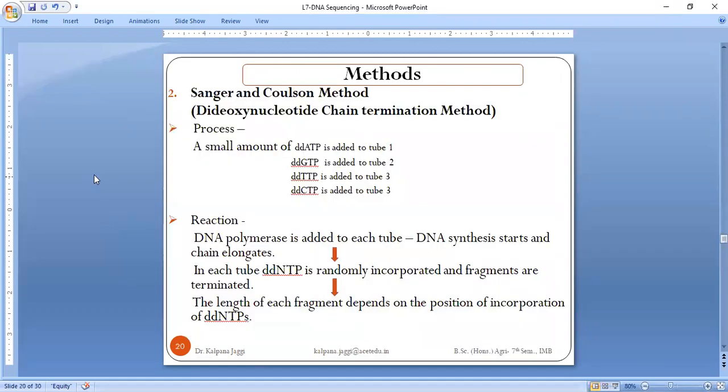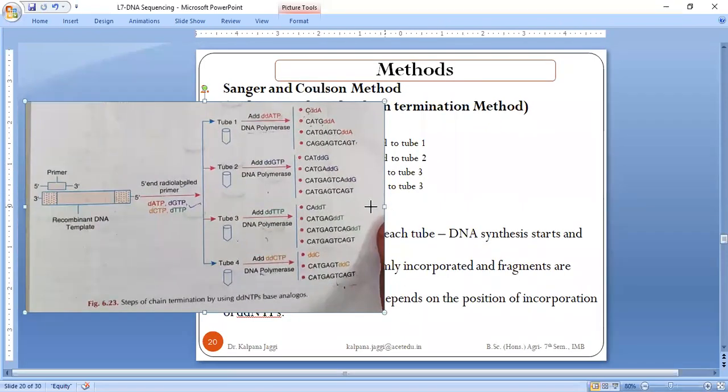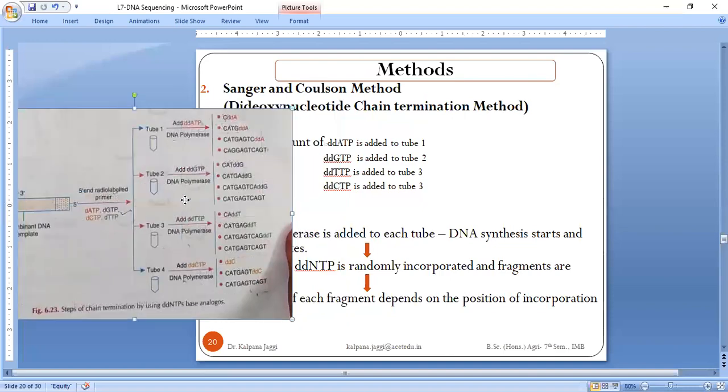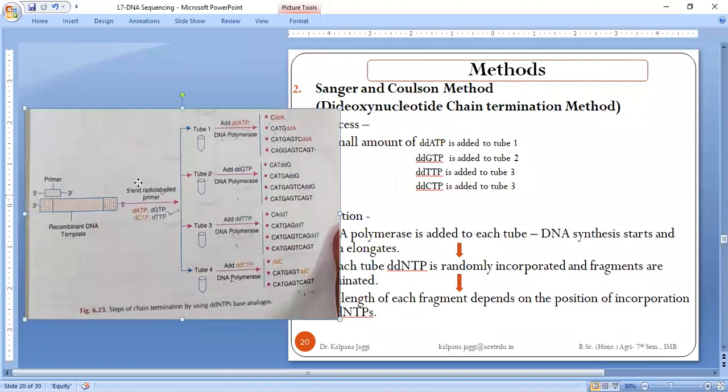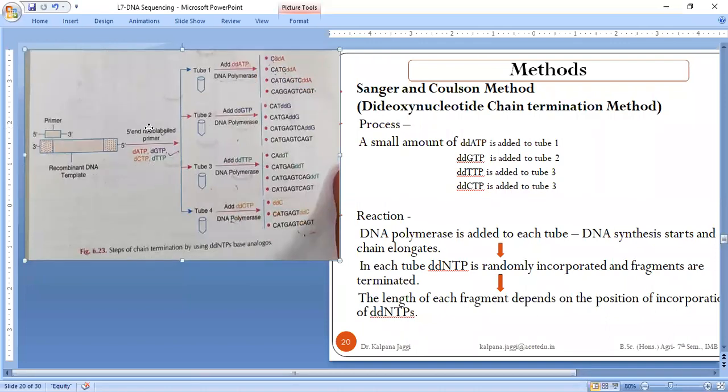Now we are proceeding further with the reaction. Here in tube 1 we had A, so here we will add ddATP, because we need to know where the chain is terminating.